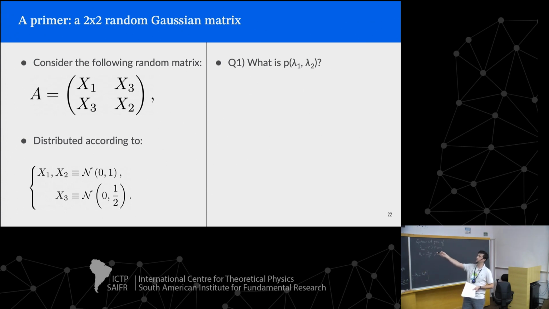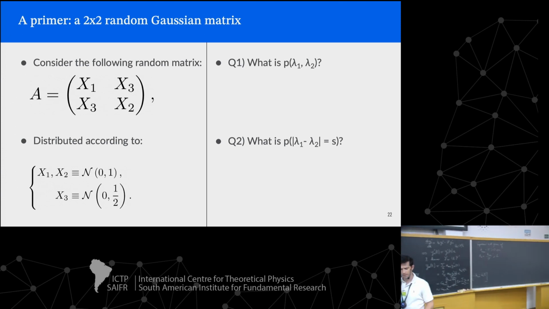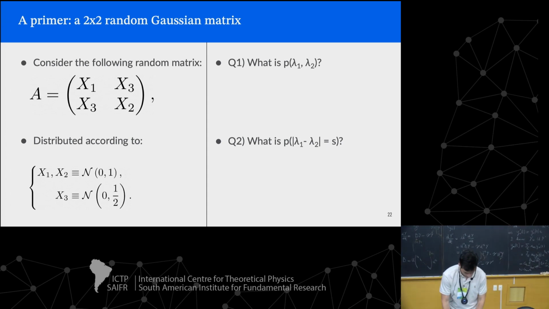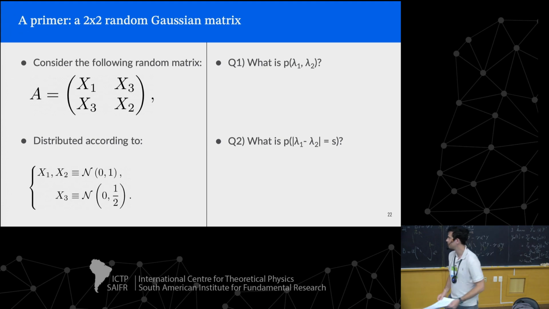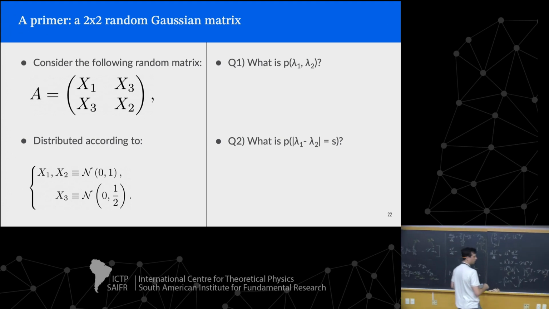Second question is, what is the distribution of the gap between them? Because I will have a minimum and a maximum, and if I want to know the maximum, it might be a good idea to start with determining this gap. Okay, so this calculation is going to take a little bit, but I hope I won't make any mistake.